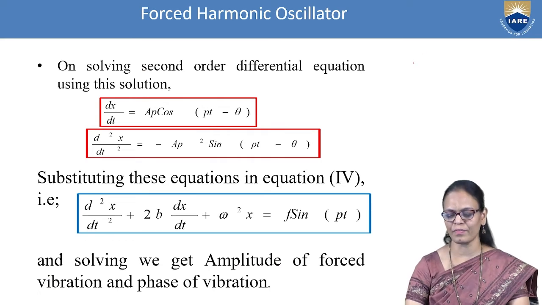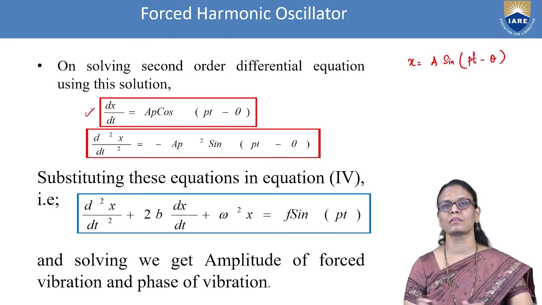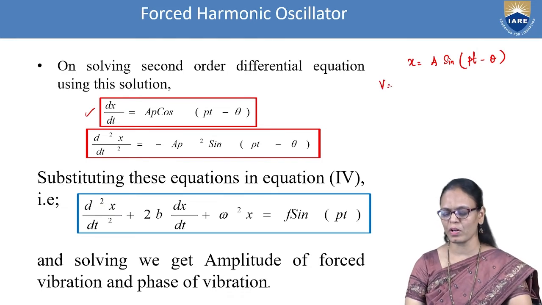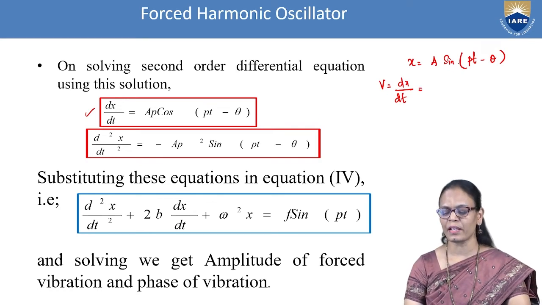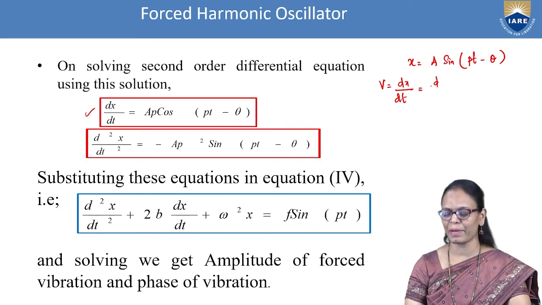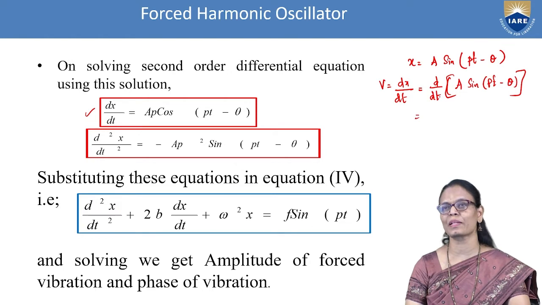So once we have x is equal to a sine pt minus theta, we can calculate the velocity. What is velocity? Velocity v is equal to dx by dt. So taking the derivative of x, so d by dt of a sine pt minus theta. So we are taking the derivative with respect to time.